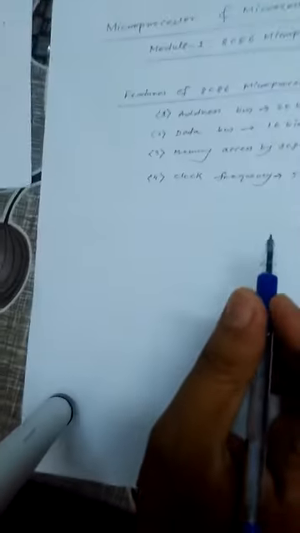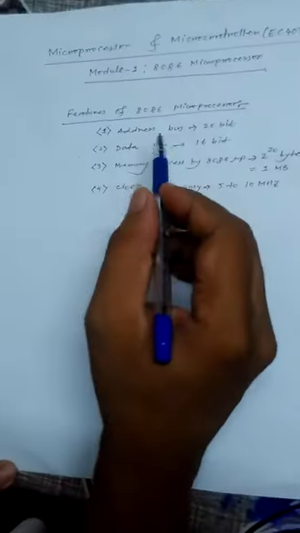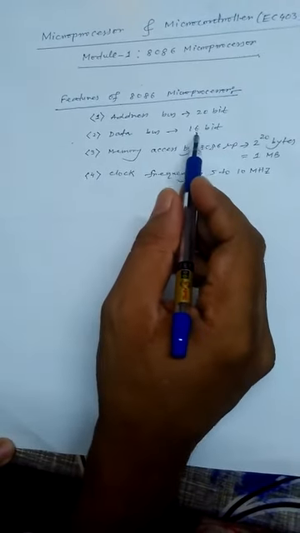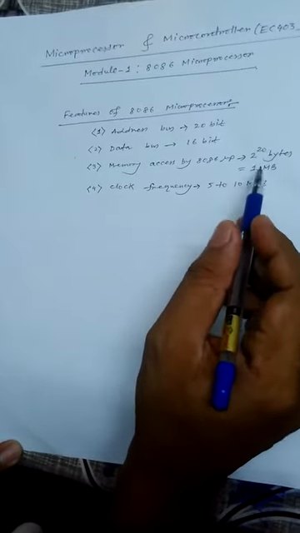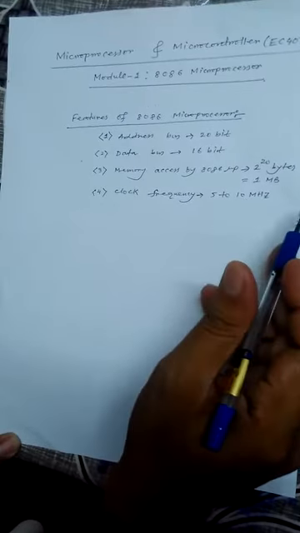Now I will discuss in detail the features of the 8086 microprocessor. Address bus, how many? 20-bit. Data bus 16-bit. Memory access by the 8086 microprocessor is 1 megabyte, and clock frequency is 3 to 10 megahertz.